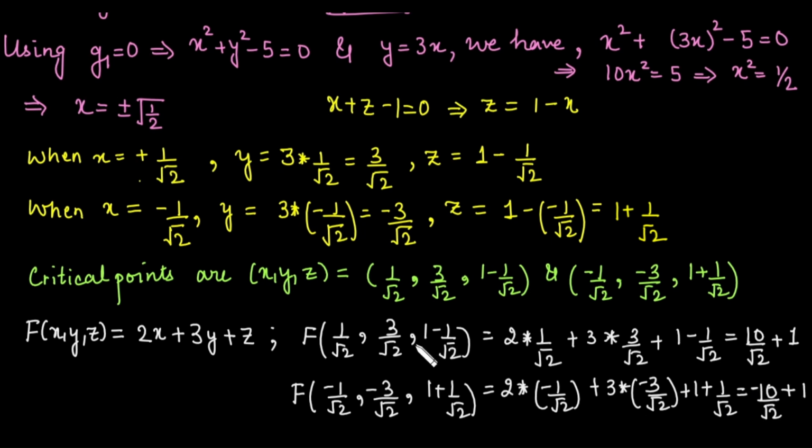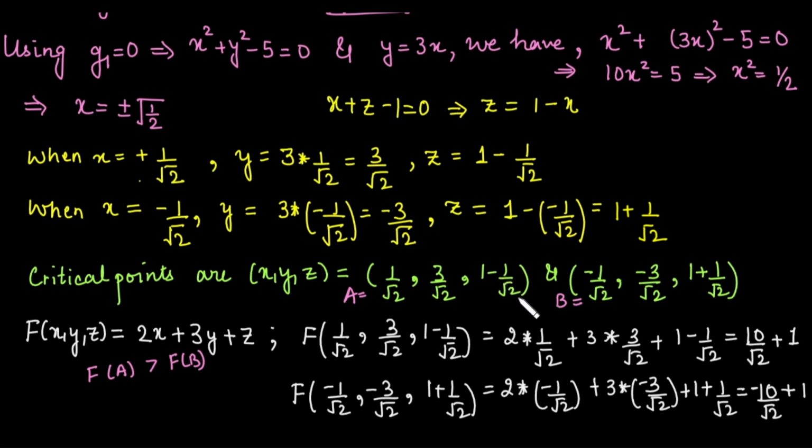As you can observe, in this case, we are getting two critical points. Suppose this critical point is A and this critical point is B. On the critical point A, we are getting this function value. On critical point B, we are getting this value. Even in this case, the function value at A is greater than function value at B. In this procedure, we are getting two critical points and both act as extreme points.